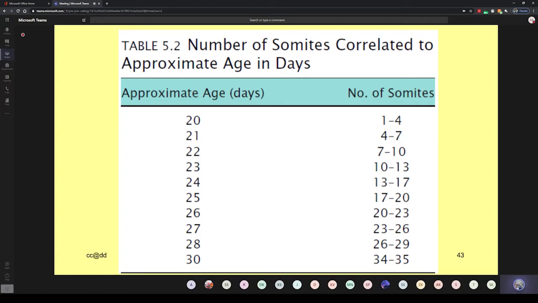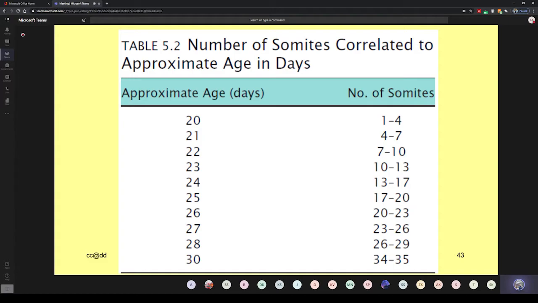As per the number of somites, the age can also be determined, because somites are structures that can be visible on an ultrasound as blocks on the dorsal aspect of the embryo. So counting the number of somites will help in giving an approximate age of the embryo. That is why this table is put up, and you can just see through this. But at your level, it is not really that important.